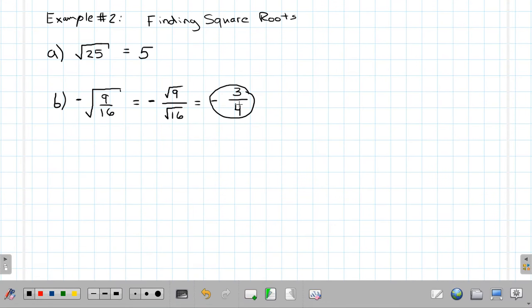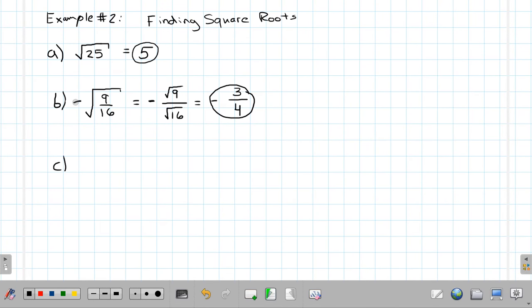But as it stands right now, once again, you can use your calculator to get the square roots here. So once again, the answer to A was positive 5 because it was a positive square root of 25, which is positive 5. Here we wanted the negative square root of 9/16, which would be negative 3/4, okay?